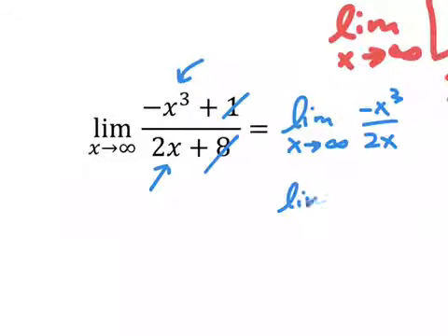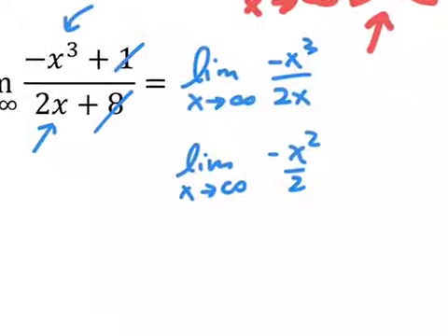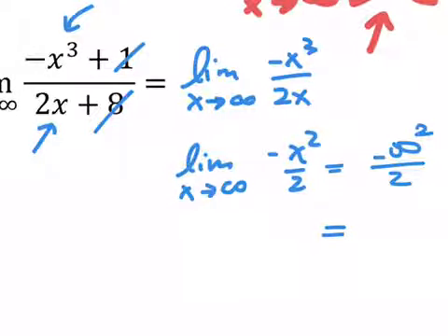And when we simplify that, that x cubed is going to overpower that 2x in the denominator, and we'll get this right here. As we do a direct substitution, we're going to get negative infinity squared over 2. And that, as x continues to get larger and larger, will just continue to go to a larger value of negative infinity. Therefore, that would not exist.